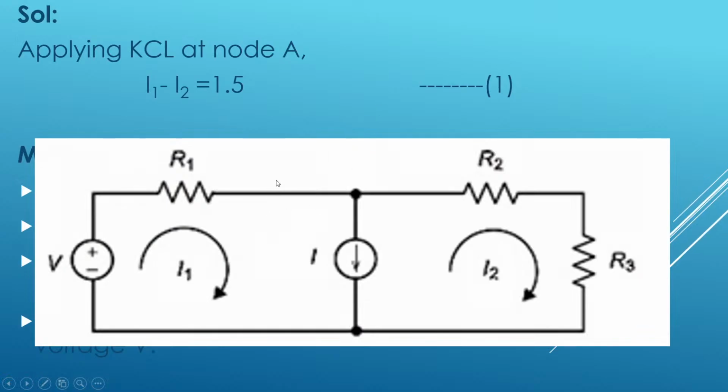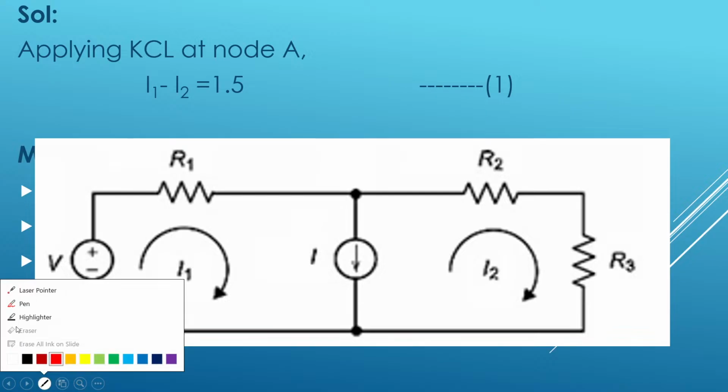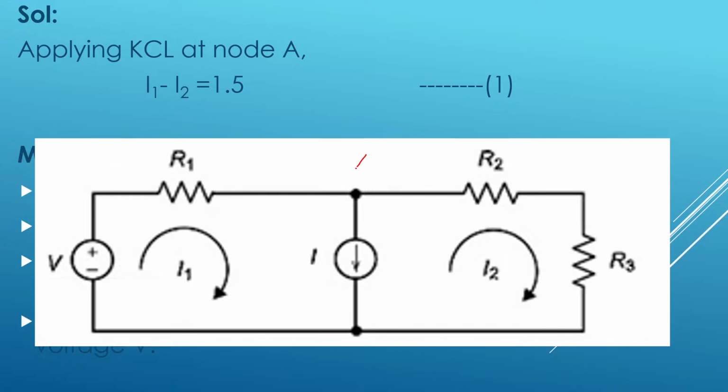So you can see here, let us assume a node. I have mentioned node A, so I will just assume a node here, node A. And this other node is my reference node. We always know that the reference node voltage is 0.